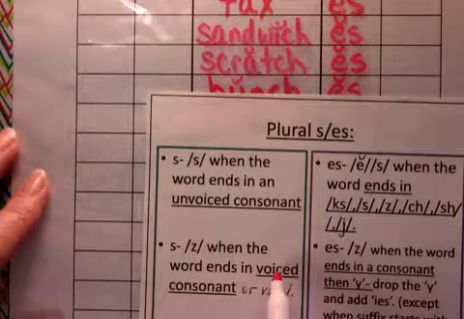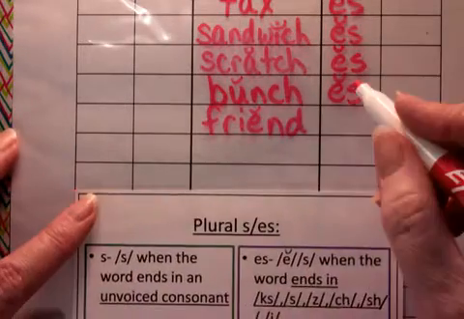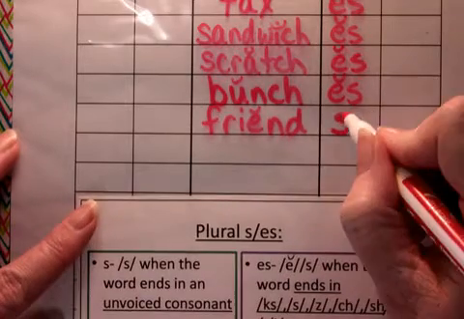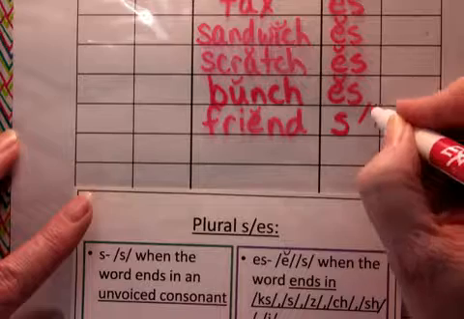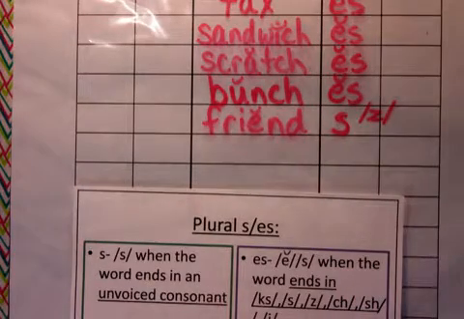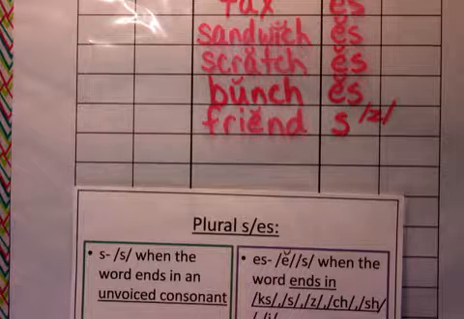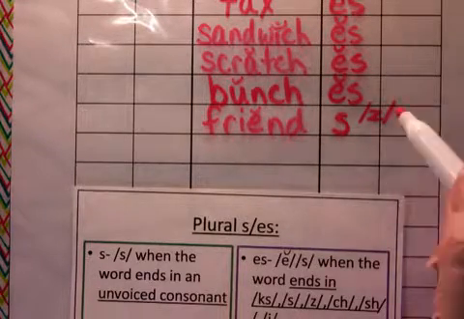So following a voiced consonant, we'll add the S, but it says the Z sound. So we write the S, but if you want to, over on the side with the virgules or the sound lines, when we put those slash marks, that means whatever's on the inside, we say the sound, not the letter name. So this would be friends.